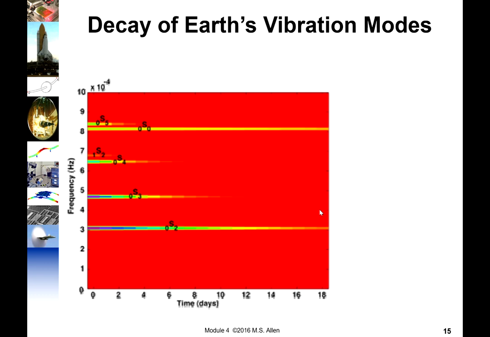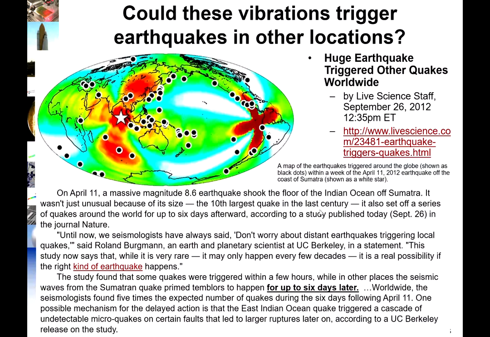One interesting consequence of this, and there could be a lot more to this than just the duration of vibration, is that when an earthquake happens, for example, in 2012, there was a very deadly, powerful earthquake off Indonesia.